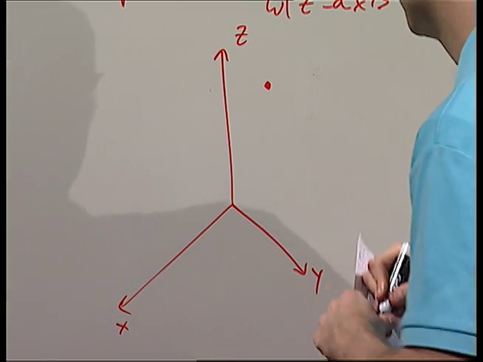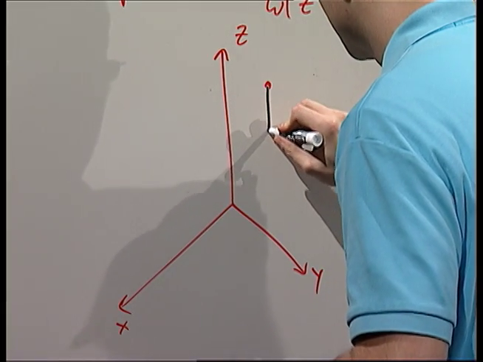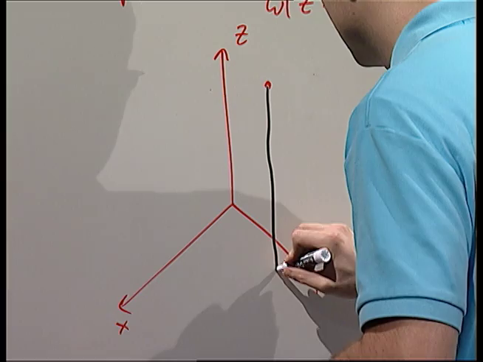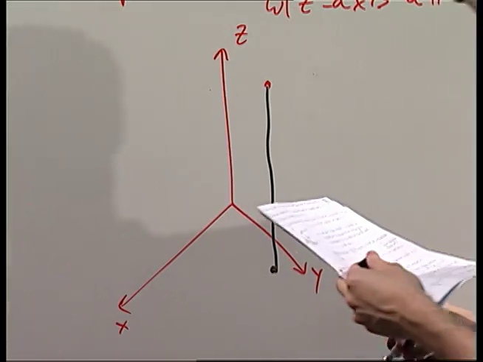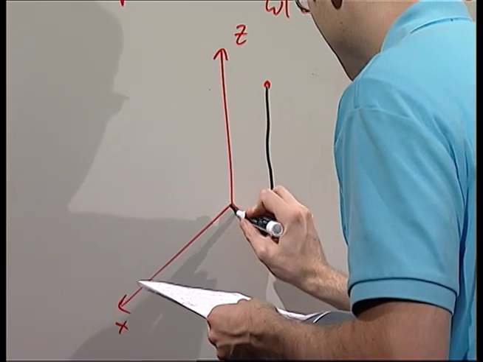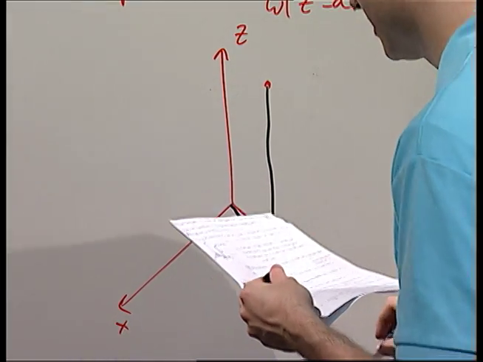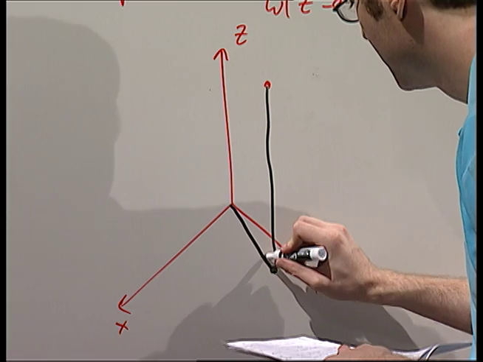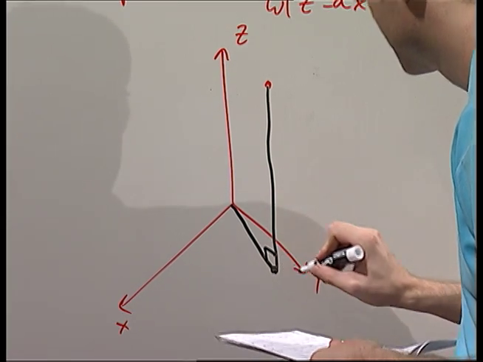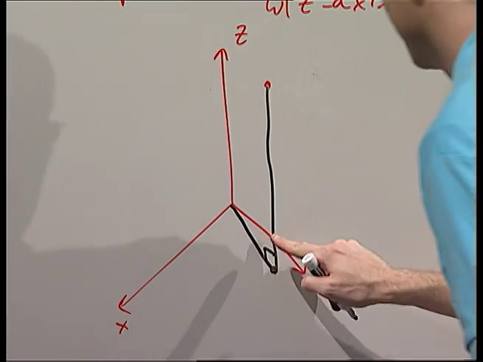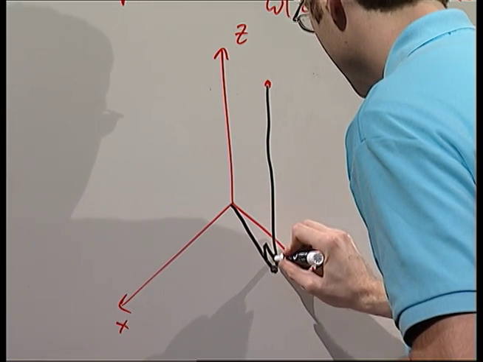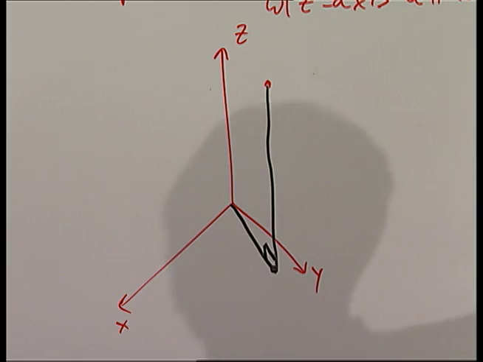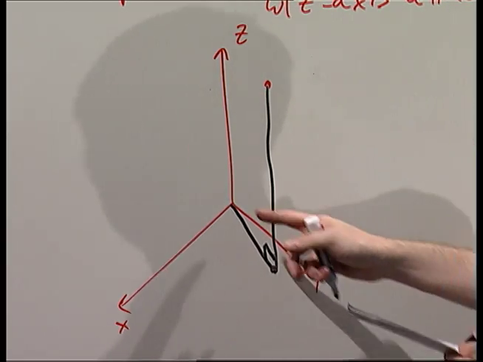You can drop a perpendicular down. That's supposed to be a straight line, though it has some waviness to it. And then that should also be straight. It doesn't look like a very good right angle, does it? That's better. So there is a perpendicular drop down to a right angle.